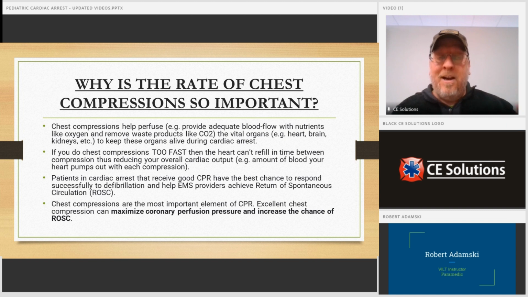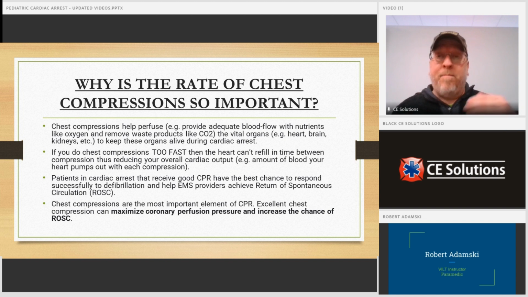But in addition, if you're not doing good chest compressions and you're not keeping those vital organs, the heart, the brain, etc., in a good condition with enough oxygen, the chances of them successfully responding to defibrillation and to the advanced life support measures that paramedics bring with them, advanced airway maneuvers, medications, etc., are also going to be dramatically decreased.